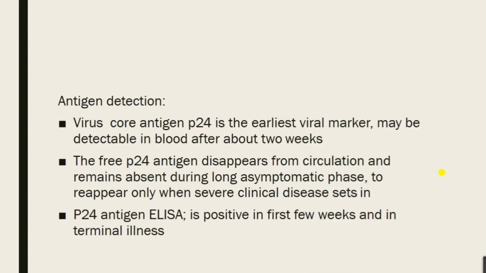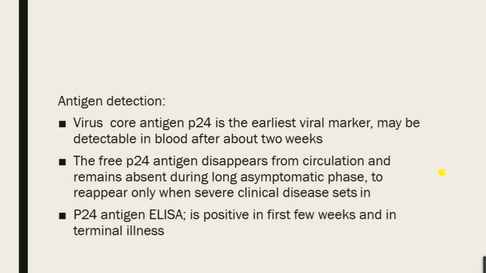Next, for antigen detection, the virus core antigen P24 is the earliest viral marker, and may be detectable in blood after 2 weeks of infection. The free P24 antigen disappears from the circulation and remains absent during the long asymptomatic phase. When we discussed the different phases of HIV, there was an asymptomatic phase.